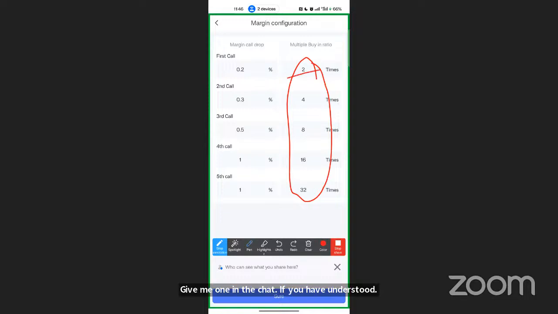Because this one plus this one plus this one plus this one plus this one, I don't want people to cram. When I add 2 plus 4 plus 8 plus 16 plus 32, it is 30 plus 32, I get 62.